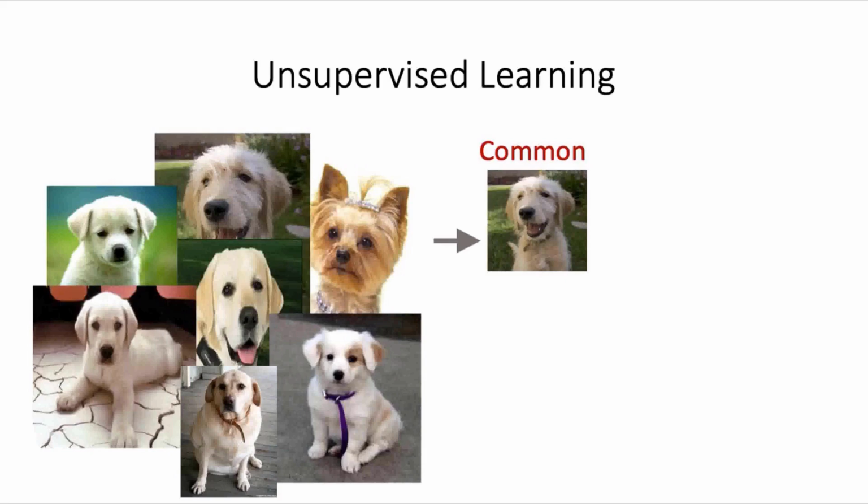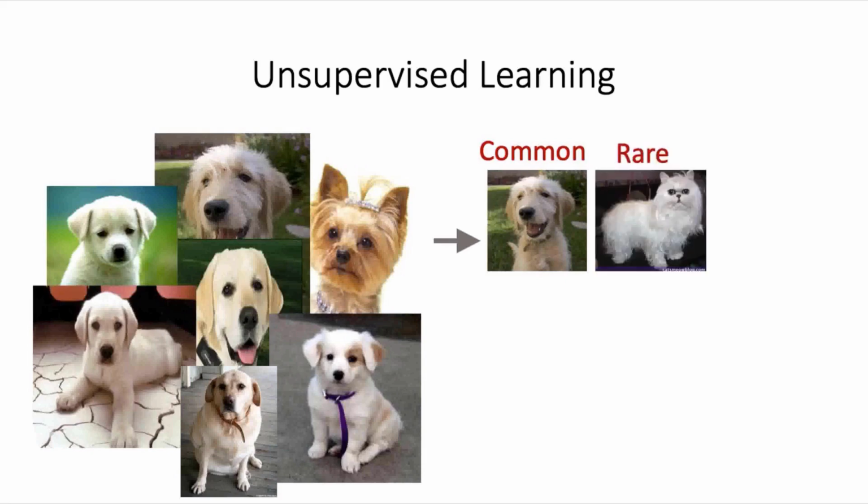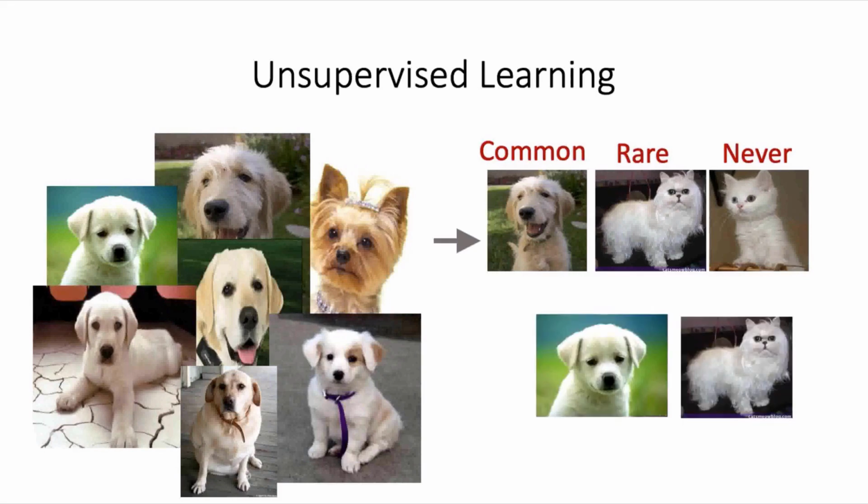So, for example, it will rarely show something like this that's dubious whether it's a dog or not, and it would never show something like this, a picture of a cat. After learning how likely different features are to be features of dogs, then when given a new image, the unsupervised learning model can then output a probability corresponding to how dog-like this image is.